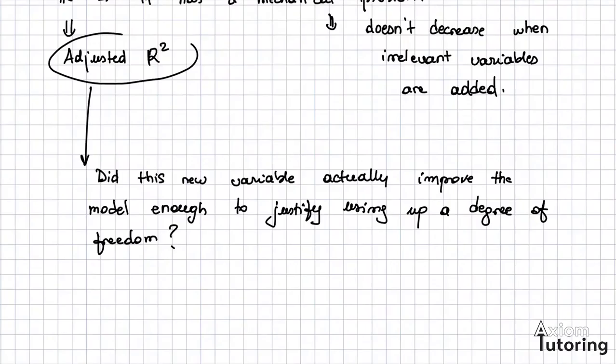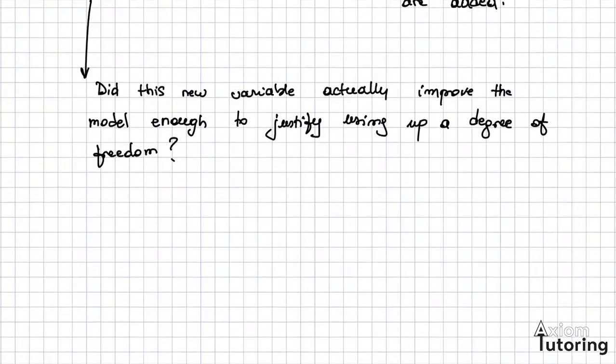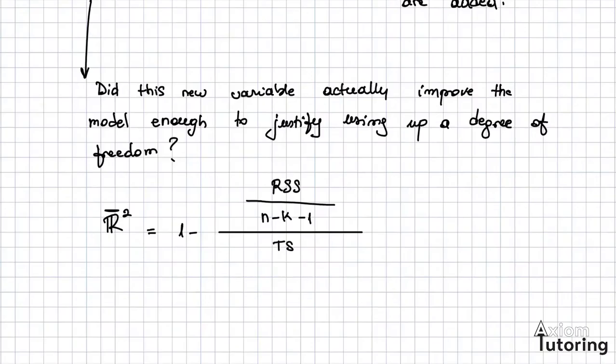For the formula of the adjusted R squared, in order not to write adjusted all the time, I'm just going to add a bar on top of the R squared, and this will be the adjusted R squared. We can write it as follows: 1 minus the residual sum of squares divided by n minus k minus 1, and then the total sum of squares divided by n minus 1.